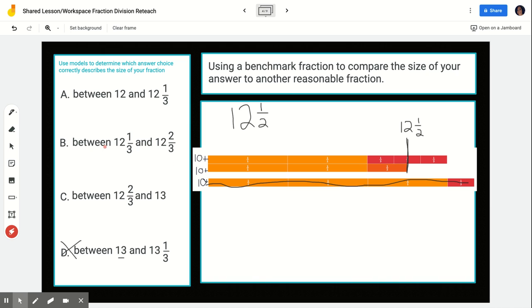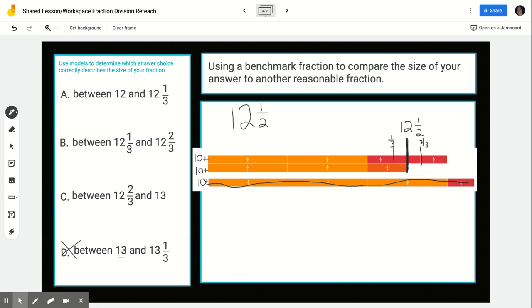The next answer choice says between 12 and 1/3 and 12 and 2/3. So I knew that 12 and 1/3 was right here, and 12 and 2/3 would be right here. Sorry if this looks a little sloppy. And remember, 12 and 1/2 in comparison, when we compared two identical models, fell right here.